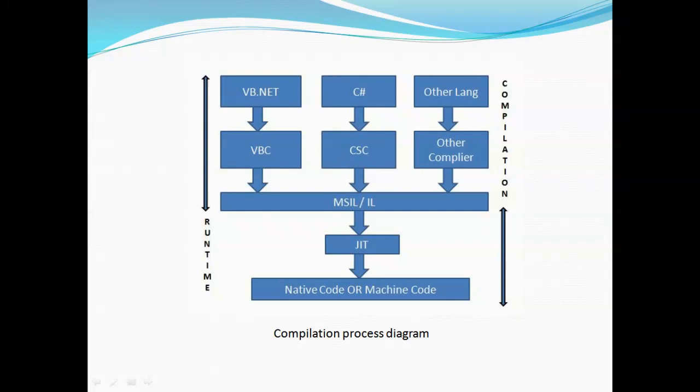Runtime process. The Common Language Runtime (CLR) includes a JIT compiler for converting MSIL to native code. The JIT compiler converts the MSIL code into native machine code that is then executed by the operating system. When you compile a C# application or any application written in a CLS compliant language, the application is compiled into MSIL.